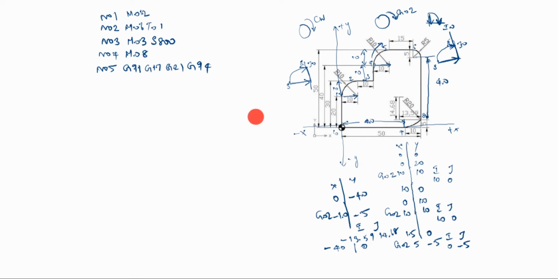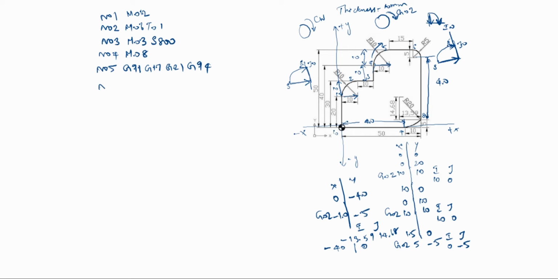G17 is XY plane, that's why we use G17. G21, all dimensions are in mm, that's why we used G21 code. G94 is feed rate per minute. In this, the thickness of the material is 10 mm here.